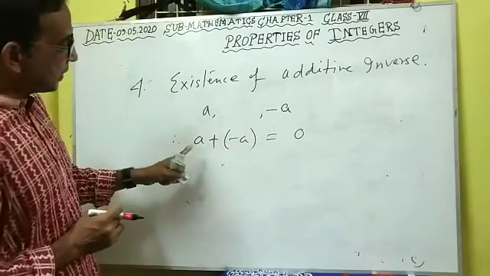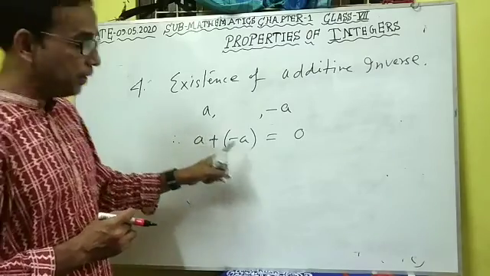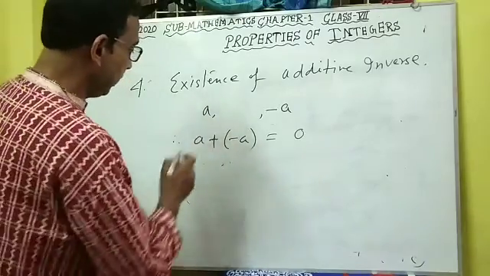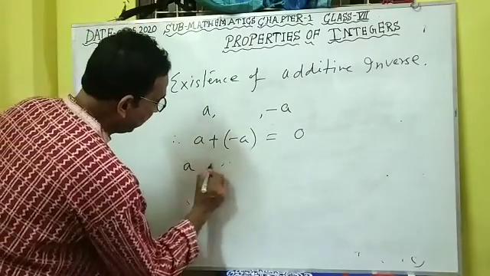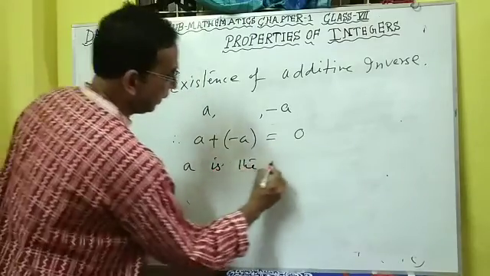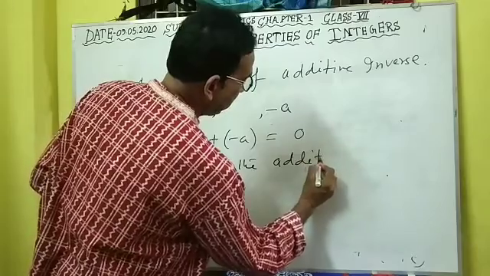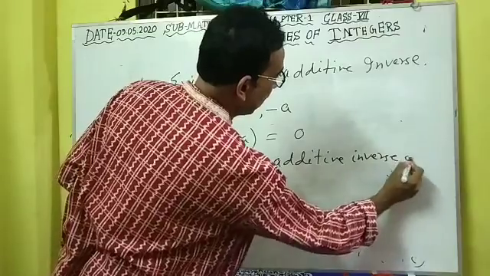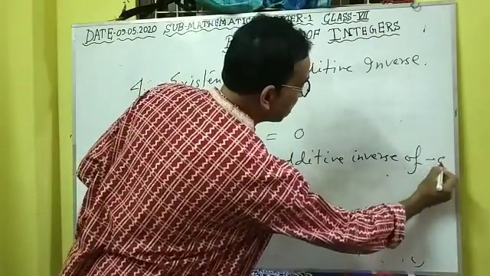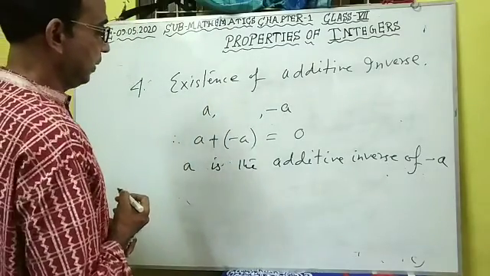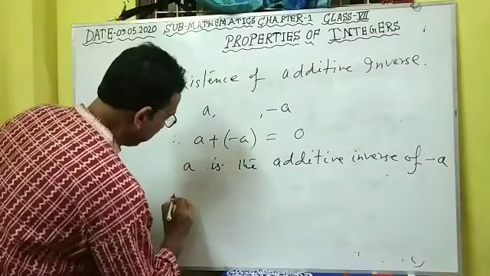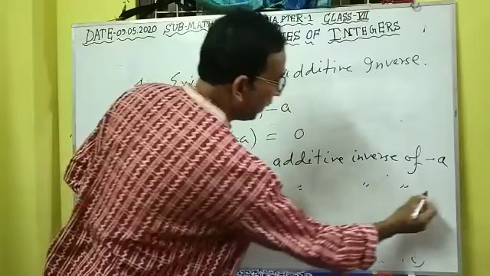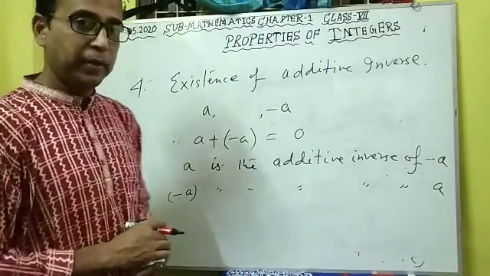Here the sum of an integer and its negative is 0. Here we can say that a is the additive inverse of minus a. Similarly, minus a is the additive inverse of a. Okay.